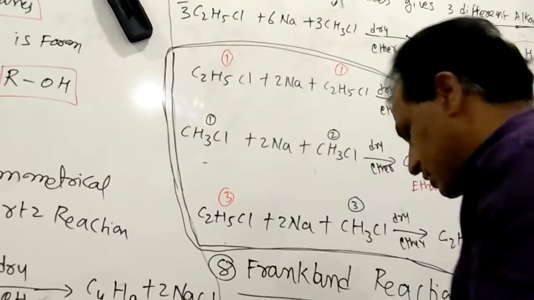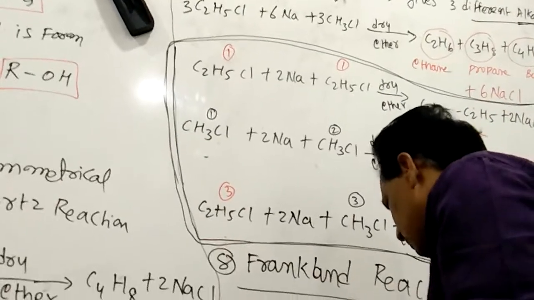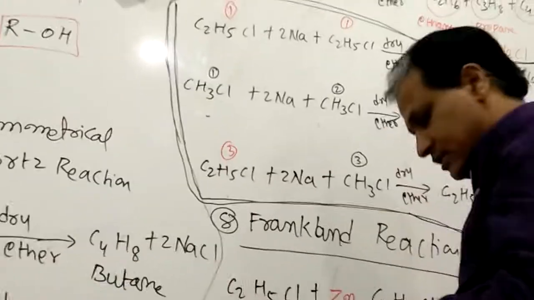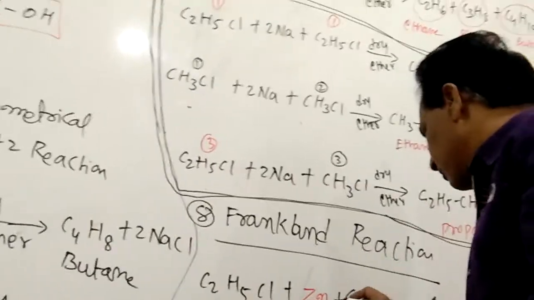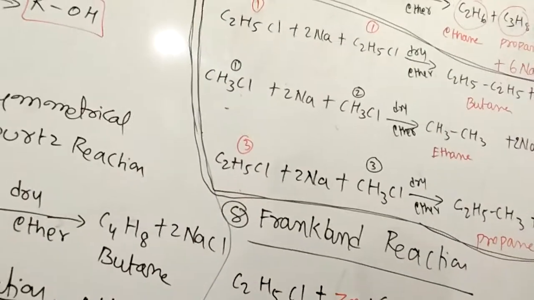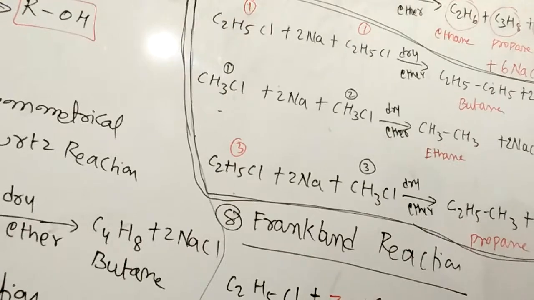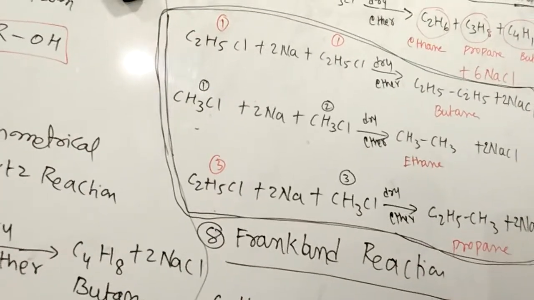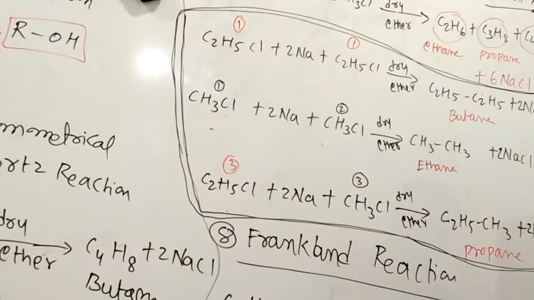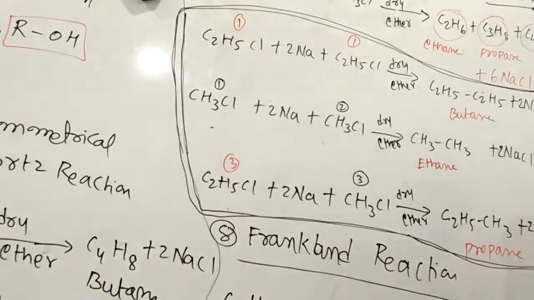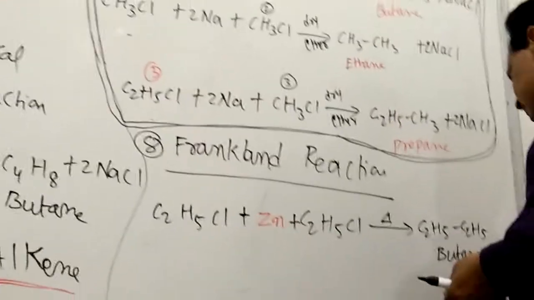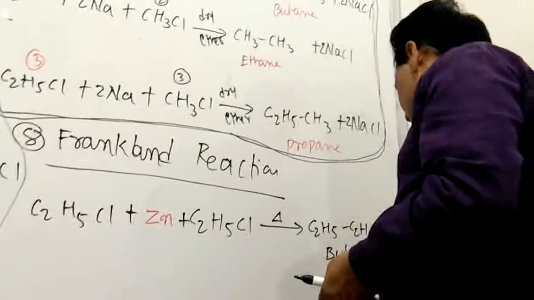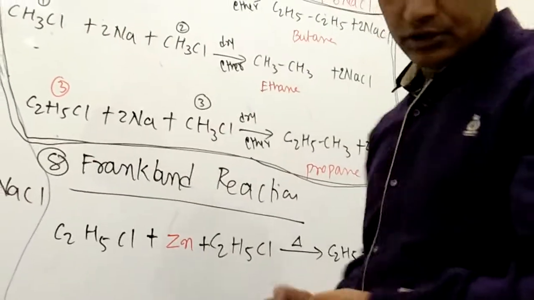We do not use dry ether. We use Zn. When Zn is used, that reaction is known as the Frankland reaction. They form C2H5-C2H5, this is butane, plus ZnCl2 is formed.